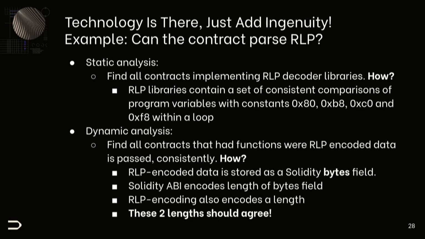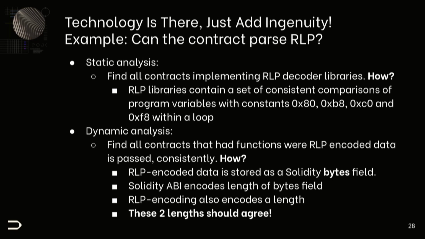Well, what we do is we come up with clever ways to use our technology, like static analysis queries over this question. So for instance, to find contracts that implement RLP decoder libraries, we'll look for specific elements in that code, like specific constants that are used in the RLP specification. That's not too clever, that's pretty straightforward, but again, it shows that we use the technology and then we have to somehow be clever about how we query the technology.